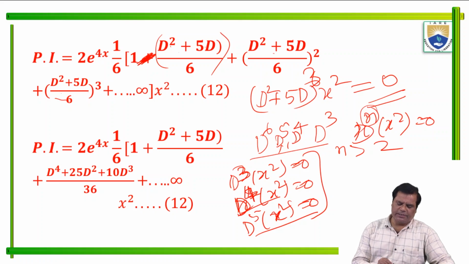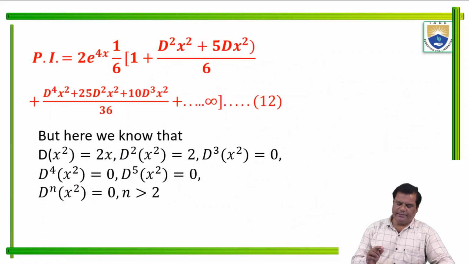So now next, the particular integral PI, here is a minus sign. Opening this whole square: (D⁴ + 25D² + 2·10D³) acting on x². Now multiplying this on x², we get D x², D² x², D⁴ x², D³ x².